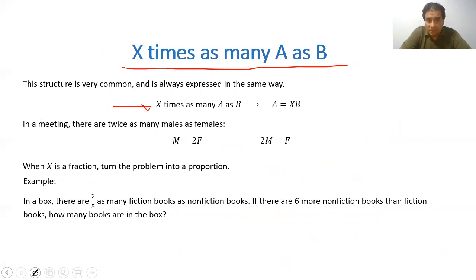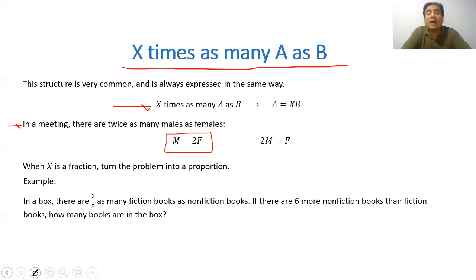Let's think about this. In a meeting, there are twice as many males as females. Does this mean that the number of men is double the number of females, or vice versa, the number of females is double the number of men? What do you think? This might look puzzling, but it's actually this.